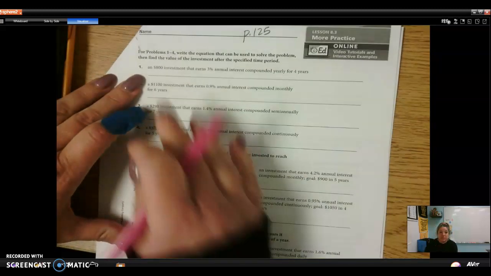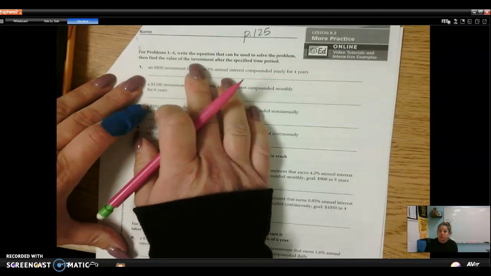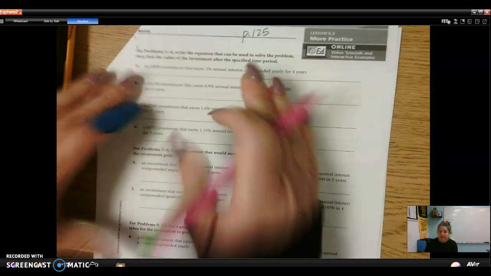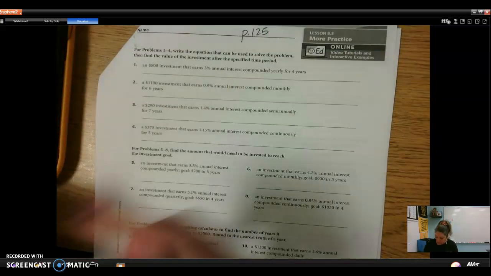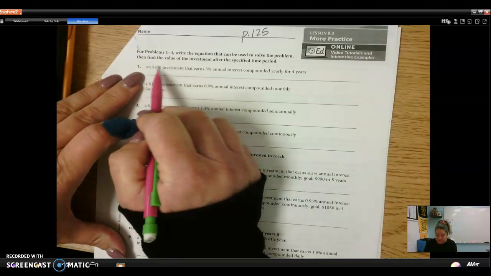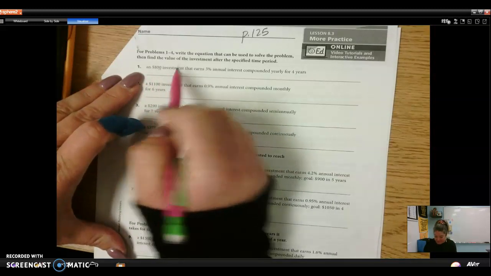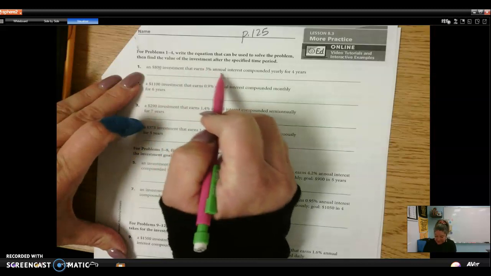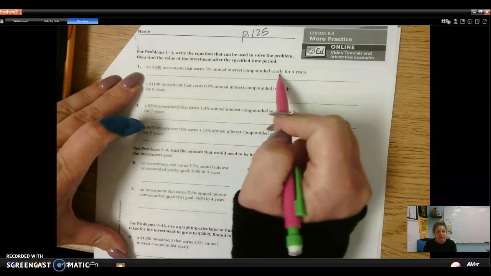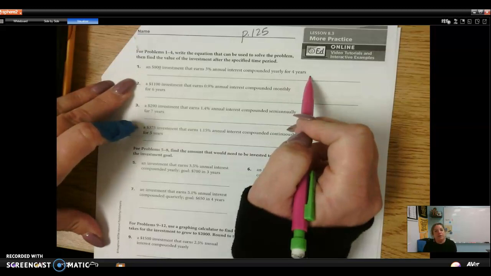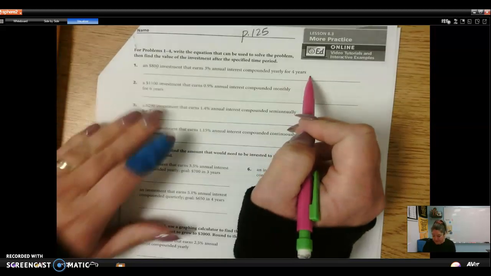All right, so for question number 1, the directions say we're going to write the equation and then find the value, okay? So we're going to write an equation for the amount of money you're going to have after an $800 investment. It's going to earn 3% annual interest compounded yearly, and it's going to happen for 4 years, okay?